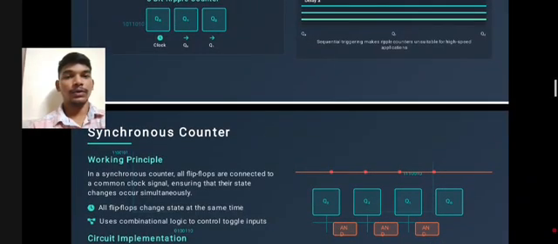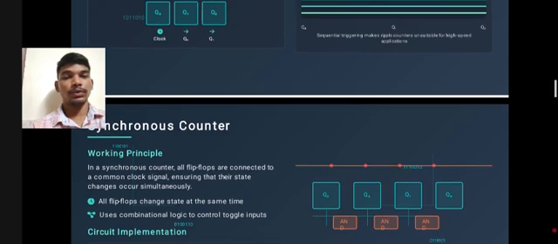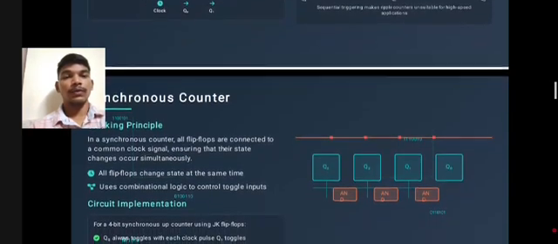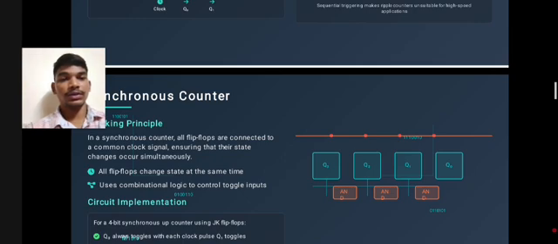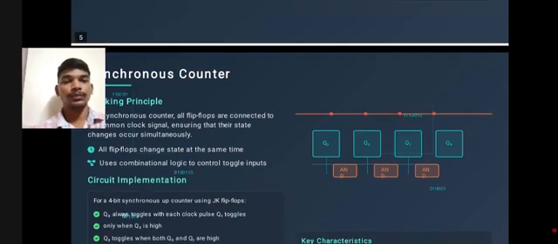Synchronous counter working principle: in a synchronous counter, all flip-flops are connected to a common clock signal, ensuring their state changes occur simultaneously. All flip-flops change state at the same time. Uses combinational logic to control the toggle inputs.